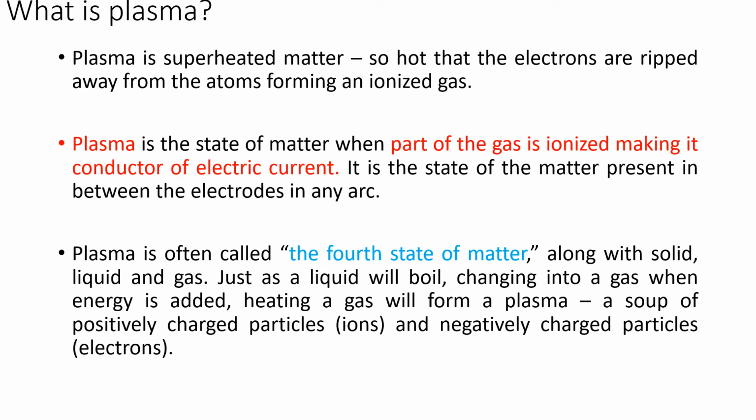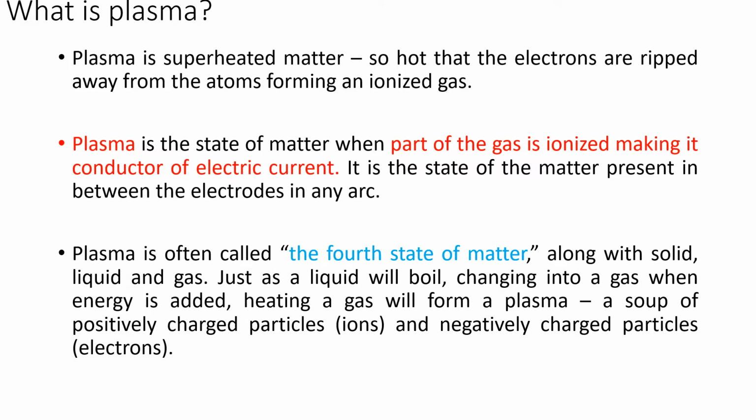We know electrons are revolving around the nucleus in an atom, and the nucleus consists of protons and neutrons. So if the electrons are ripped off from their orbits, then the gas becomes ionized. That ionized gas is called plasma.